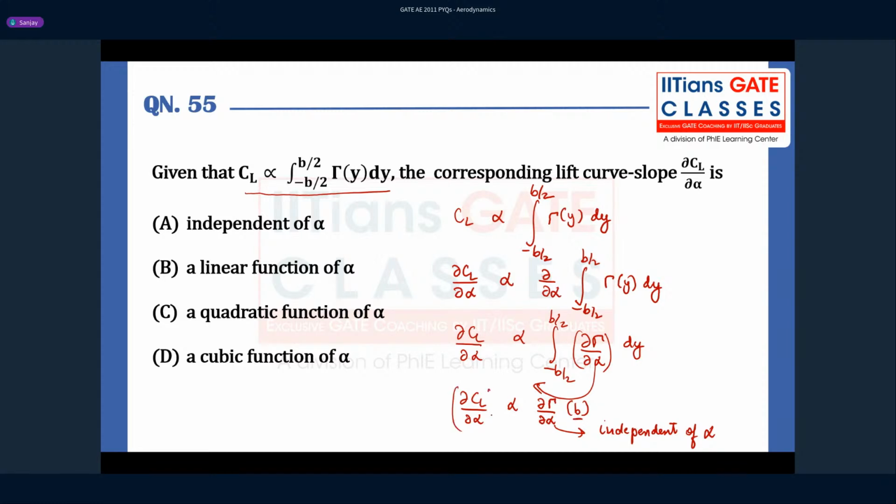So dou CL by dou alpha is also going to be independent of alpha. See the options. Option A is the correct one. Okay. So this is again a very simple question. You really do not have to rely upon the Prandtl's lifting line equation that was given in the passage. Okay, that was just for your context. All right. So I hope this question was clear to you.